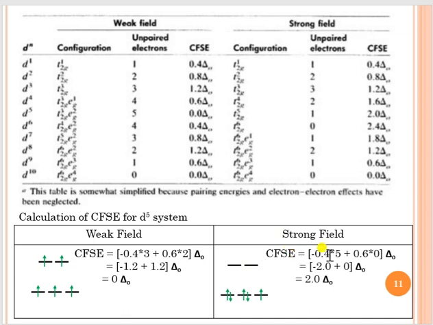Therefore CFSE will be 0.4 into 5 plus 0.6 into 0, and this will come out to be 2 delta O. Now you will be wondering why I have not put a minus sign over here, because for CFSE we take the modulus value.